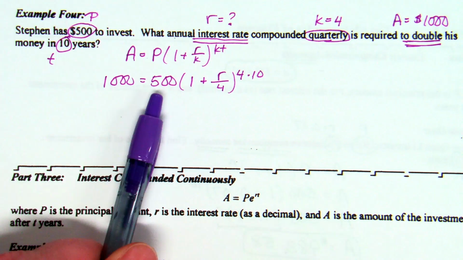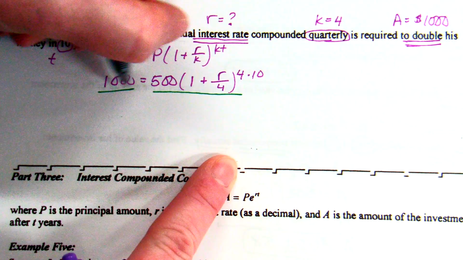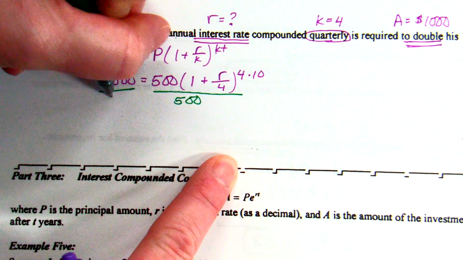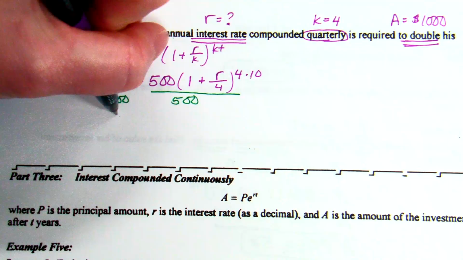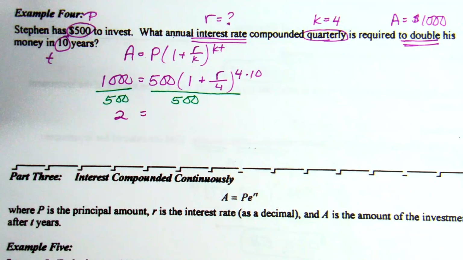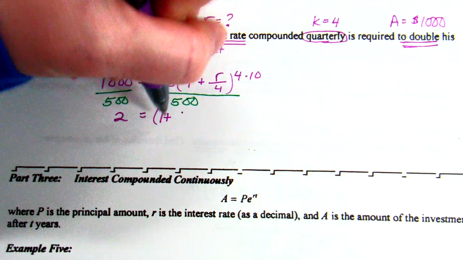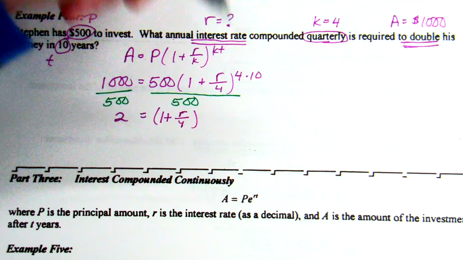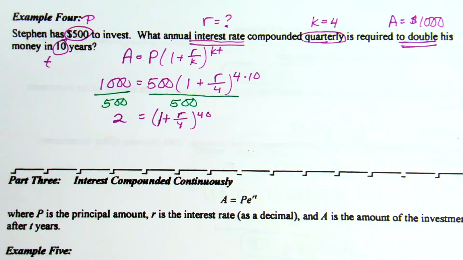So let's move that 500 over to the other side. If it's 500 times all of that in parentheses, that means we're going to divide by 500. What's 1,000 divided by 500? 2. On the right, the 500s cancel. I have 1 plus R over 4 raised to the 40th.